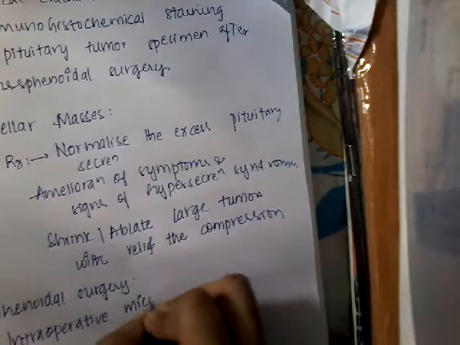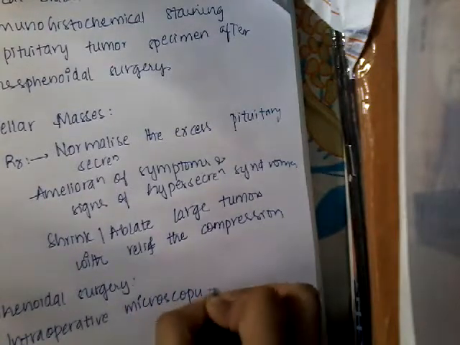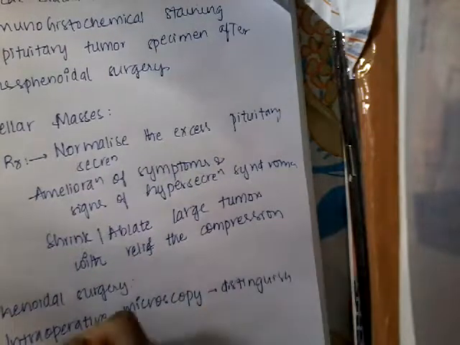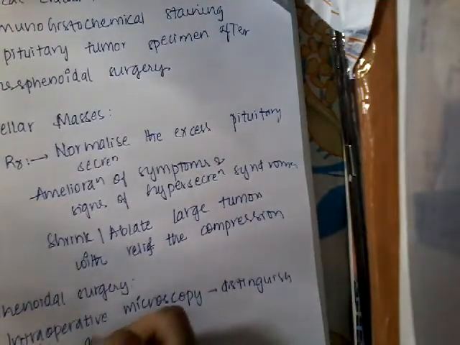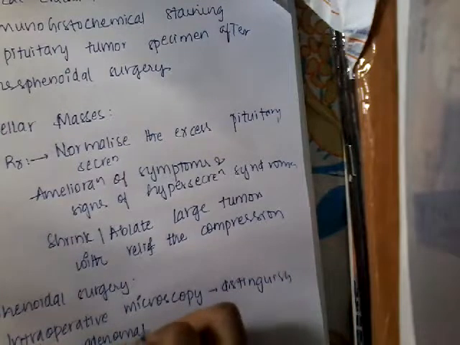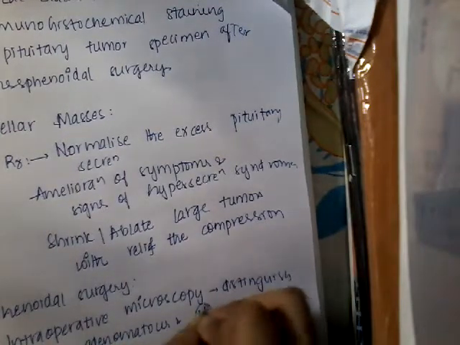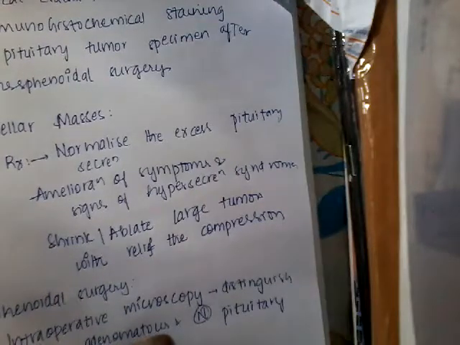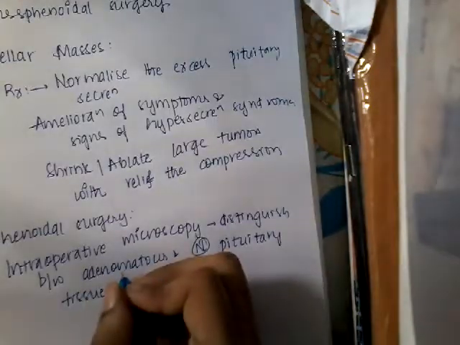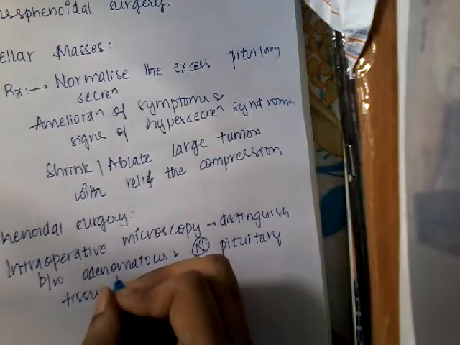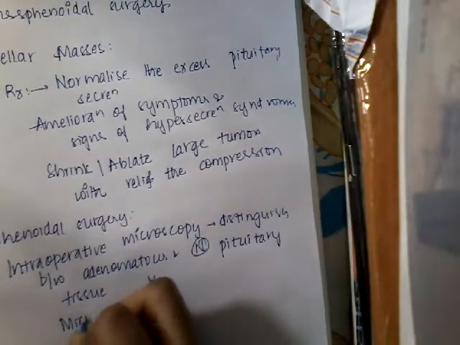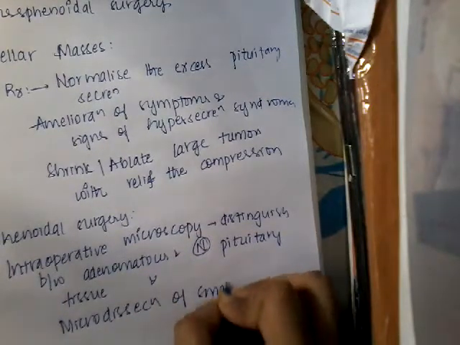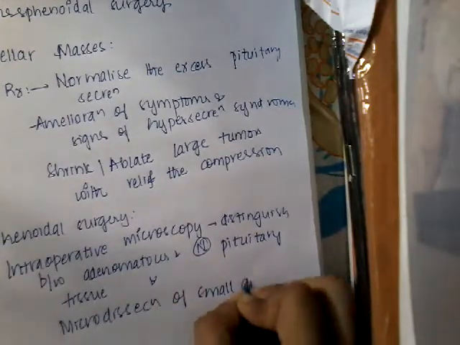So this will distinguish between adenomatous and normal pituitary tissue. And once you have distinguished the adenomatous and normal pituitary tissue, then you can also do micro dissection of the pituitary tumor. Micro dissection of the small tumor can be done.